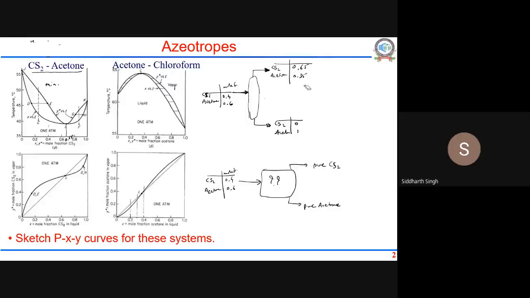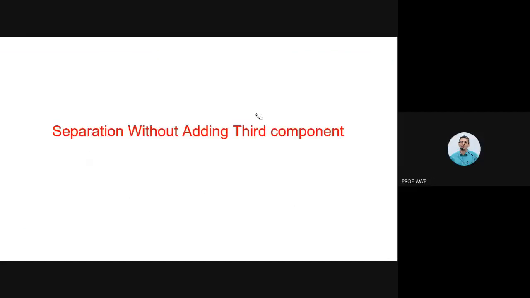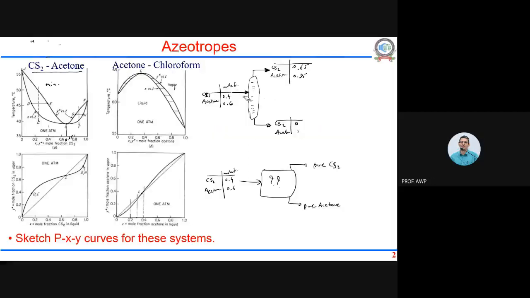So we can change the temperature, or we can add some other solvent. No, I don't want to add any other solvent yet. Change temperature? Temperature is different everywhere, no? Pressure is constant, 1 atmosphere.